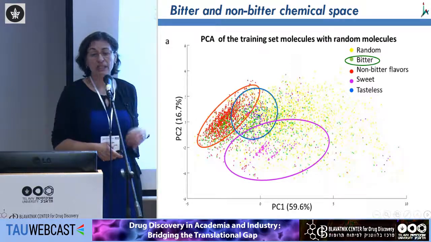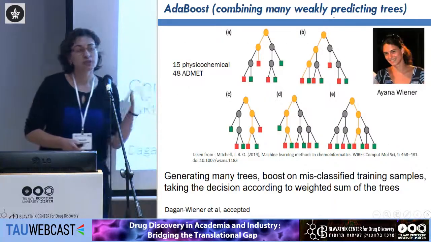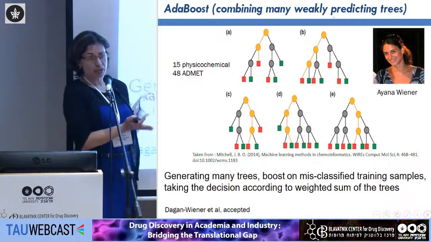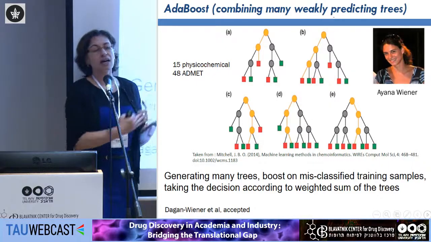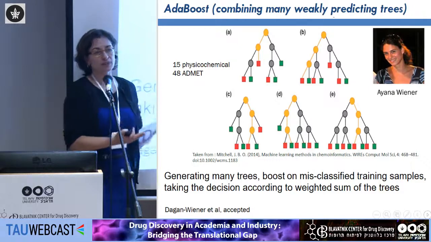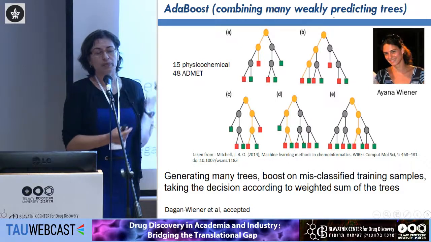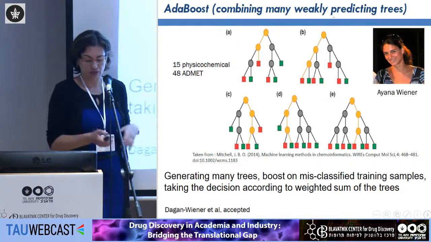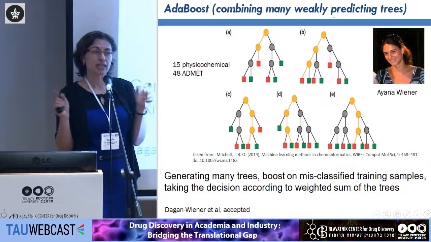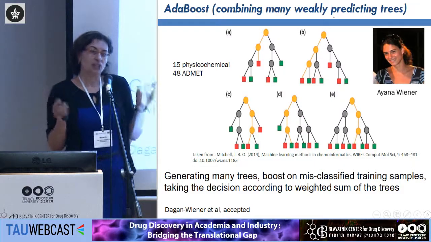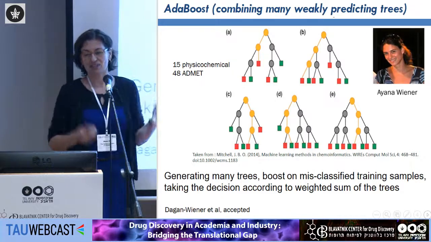And also the bitter. The descriptors that we used in this case were physicochemical descriptors of the molecules, as well as ADMET-tox descriptors that were developed for pharma for predicting toxicity of compounds, because of this association that we knew about, which is the paradigm that bitterness signals toxicity.